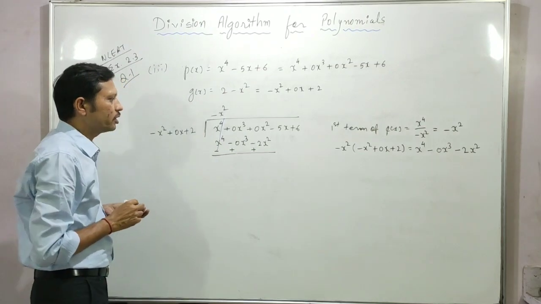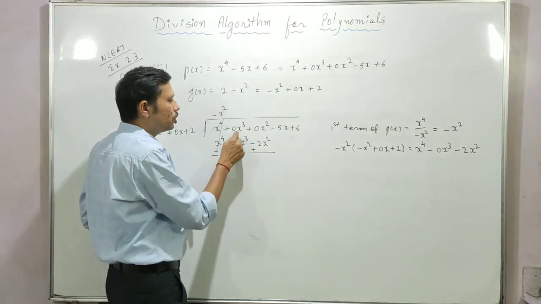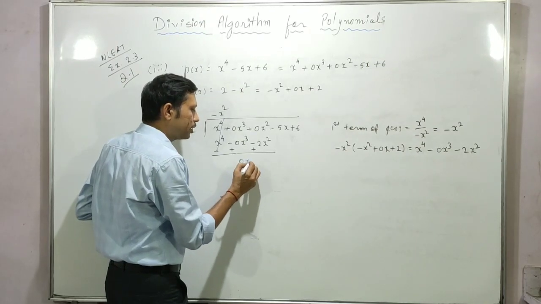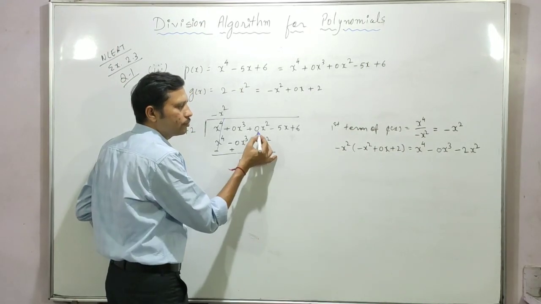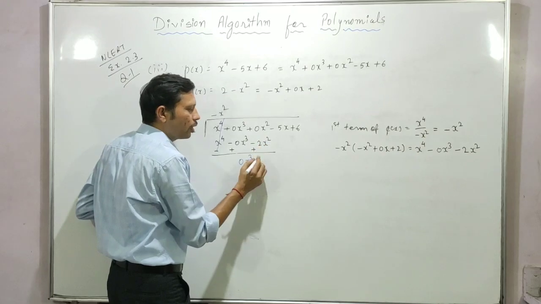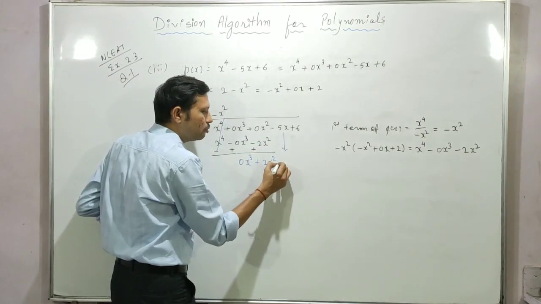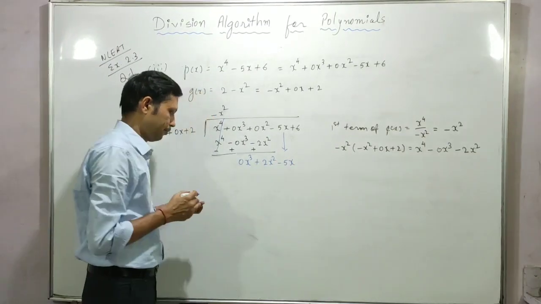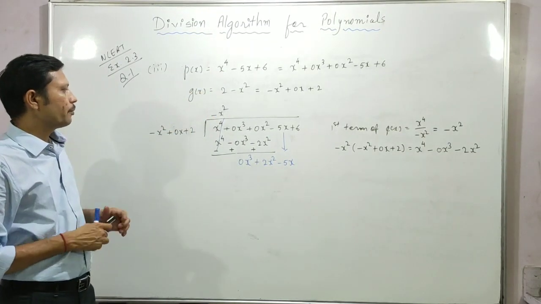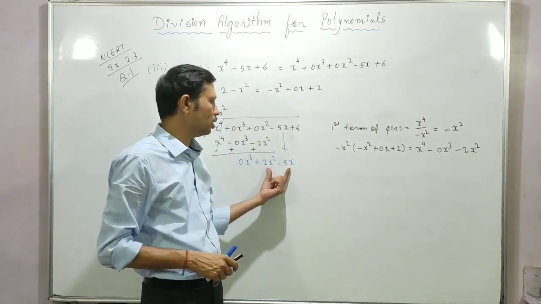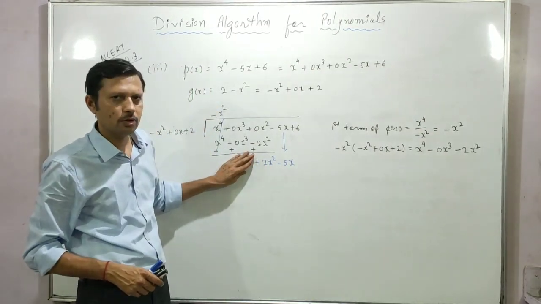Okay. Now after this, see, these both terms are 0. So we write down simply 0x cube. Here it's 0x square, so we write down only this one, plus 2x square, and carry down the one term, minus 5x. See, in our divisor we have 3 terms and here we have 2 terms because this one is 0.